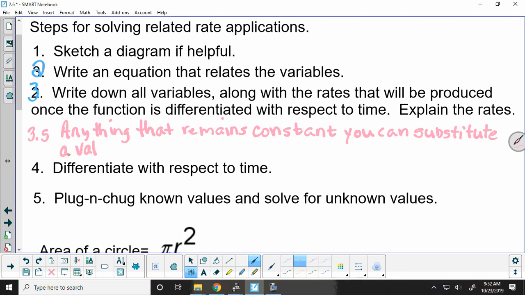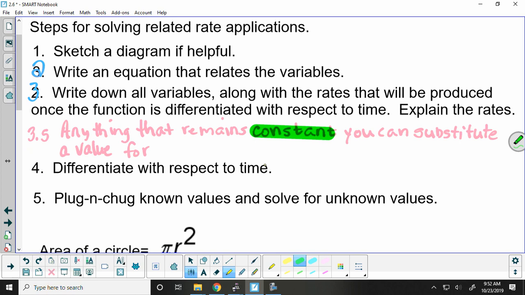This is one of those little special things I learned. But it must be constant. That means it never, ever changes. If it changes, you can't substitute.